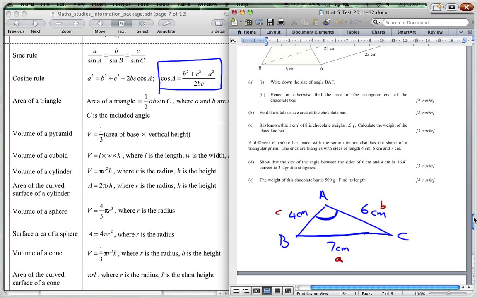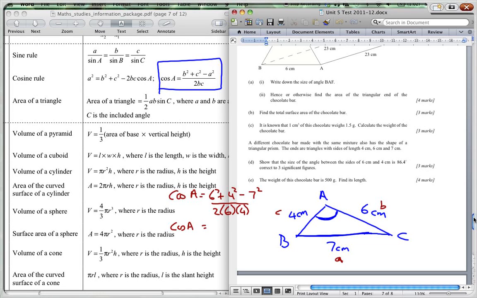The cos of A is equal to B squared, so 6 squared plus 4 squared minus 7 squared over 2 times 6 times 4.